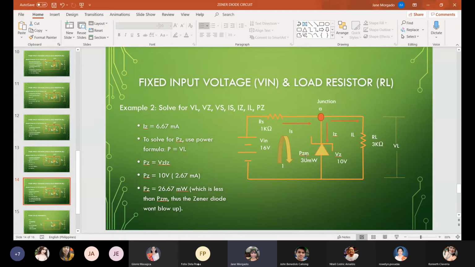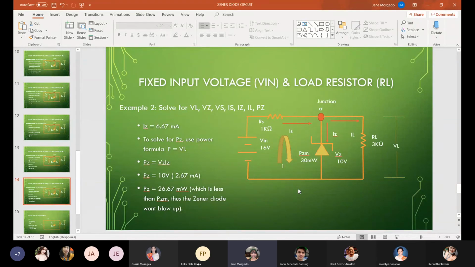But then, usually, in a practical circuit, if you have 30 milliwatt, dapat makakalahati lang, mga 15 milliwatt in practice, okay? But in computation, kaya pa naman niya, but in actual, dapat half lang yung value.